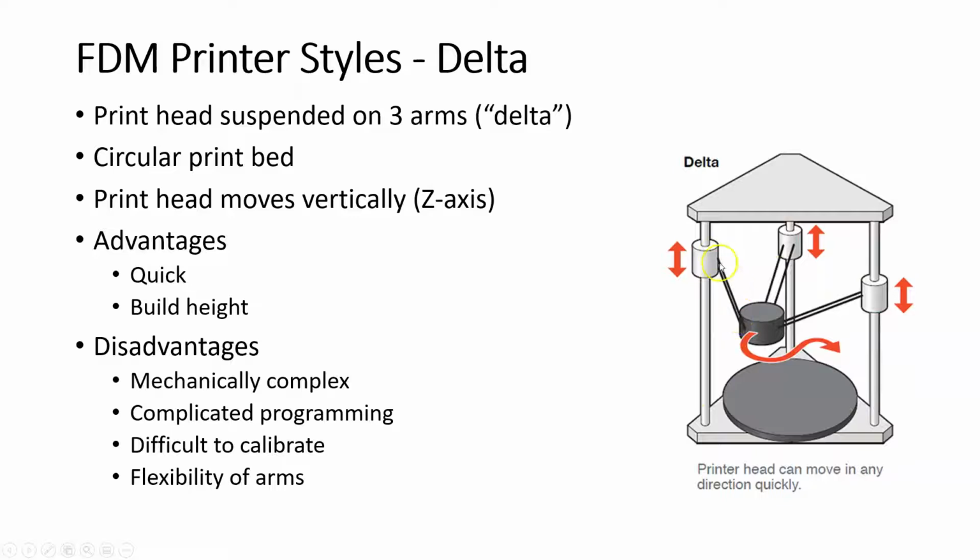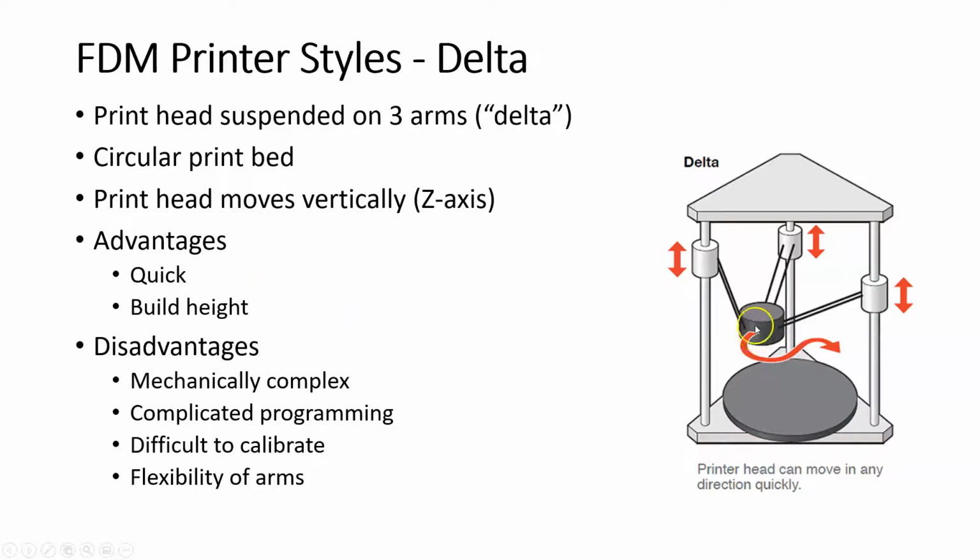And they're also going to control the position of the print head, which is here, by reeling in or letting out the cables that are going to support it. So the print head moves vertically in the Z axis, right? That's what all these are. Here there's a circular bed. I don't know whether that's a requirement, but in this example, it is a circular bed.